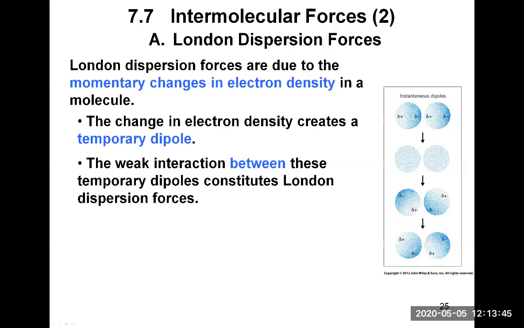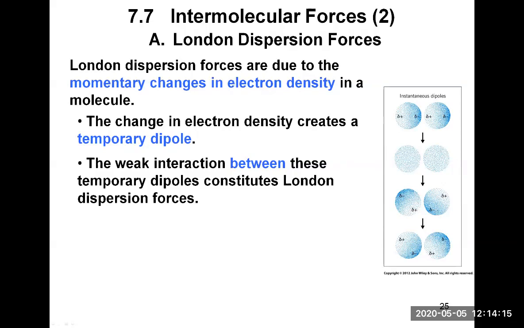And so in the top illustration here, you can see that electrons are more to the right side of the atoms for both atoms. So this creates a partial negative charge on the right side and a partial positive charge on the left side. And so these two atoms will then be attracted to each other due to those opposite charges.